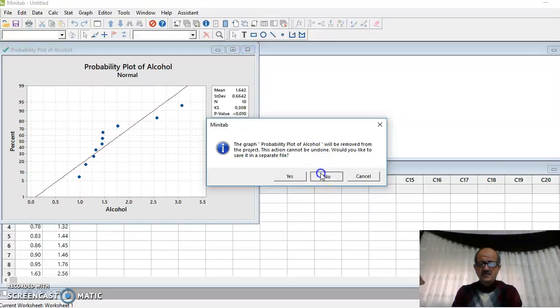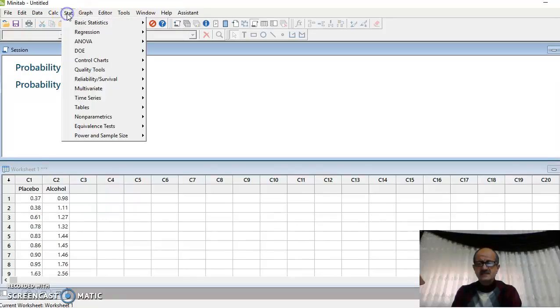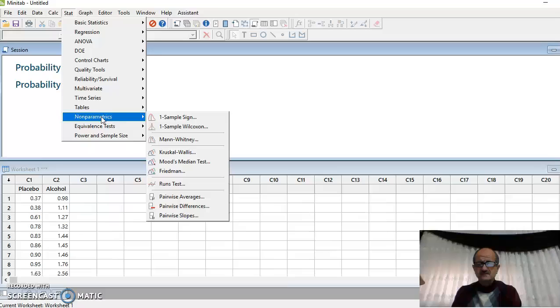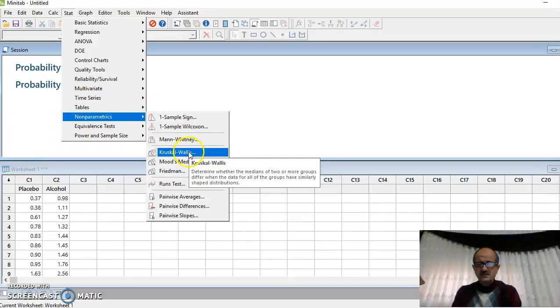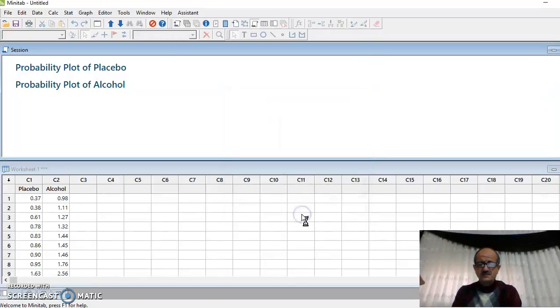Now, because we have two independent groups, we go to the Mann-Whitney test: statistics, non-parametrics, Mann-Whitney. Here we are. We enter our variables, first sample and second sample, and we go forward.